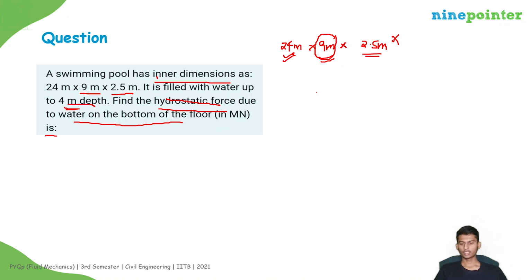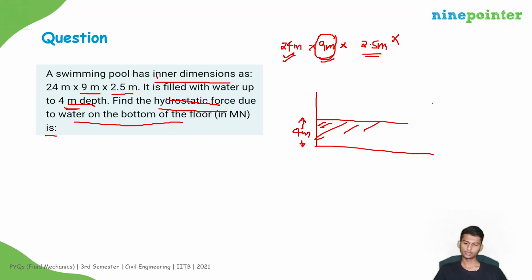Because if a swimming pool had 24 meters depth and 4 meters of water, this will be 4 meters, and the depth will look like this, 5 times of this length.